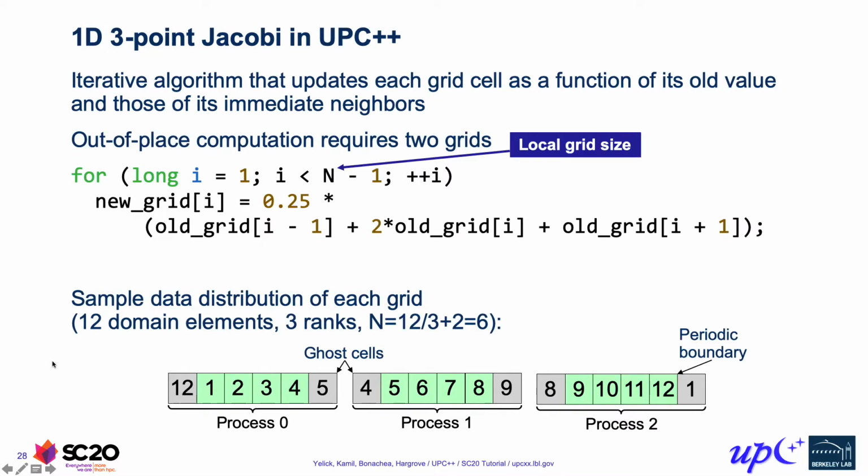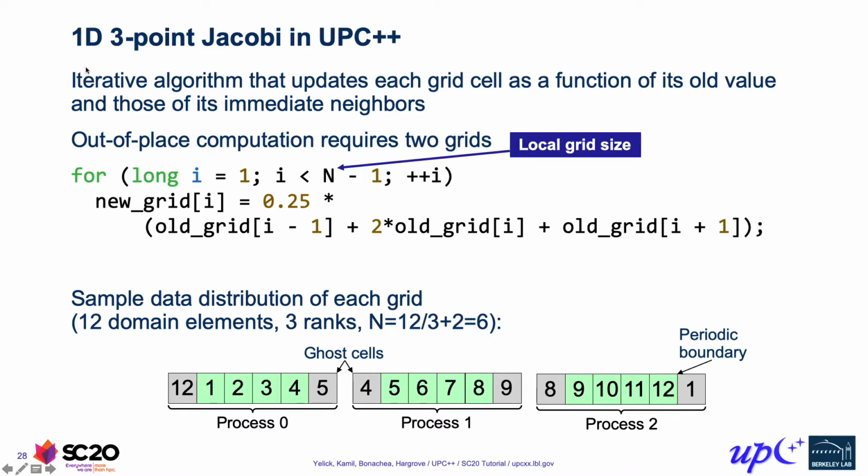So as a more complex example, we'll take a look at a 1D 3-point Jacobi stencil in UPC++. And what this algorithm does is that it operates on grids, and it's an iterative algorithm, so in each iteration it computes a new value of each grid cell. And that new value is a function of the old value of the cell and those of its immediate neighbors.